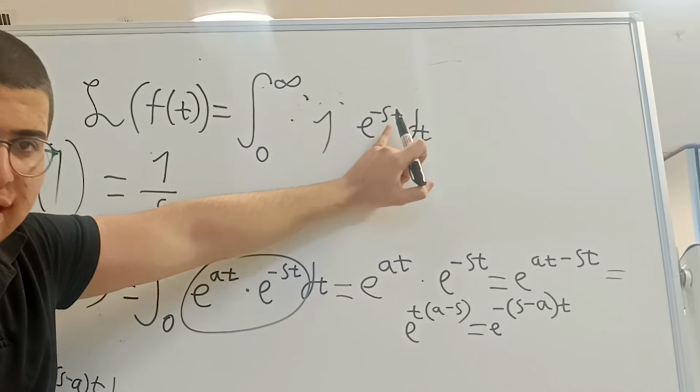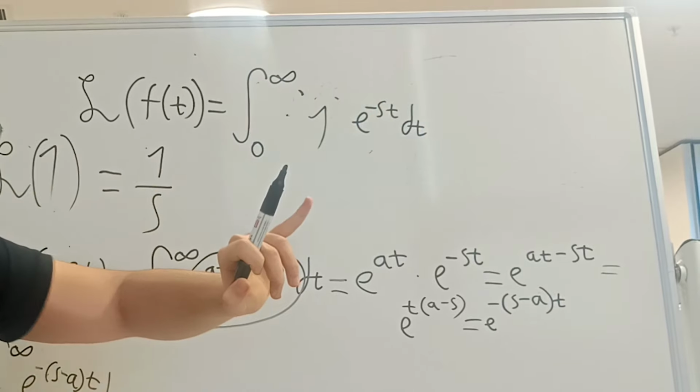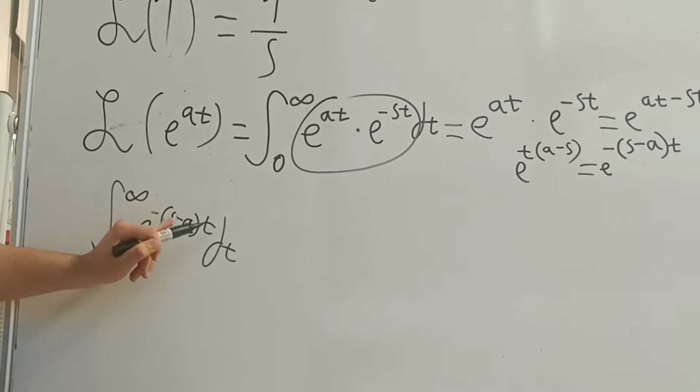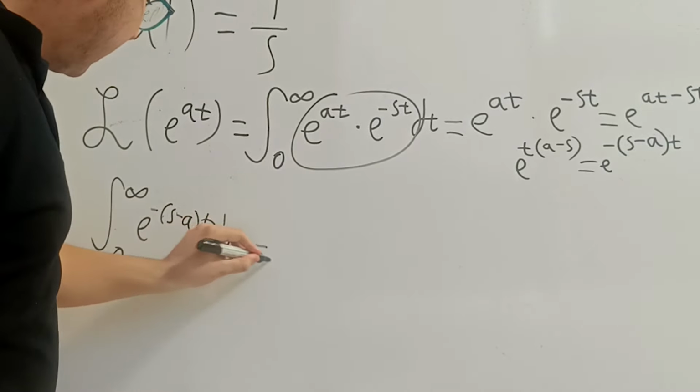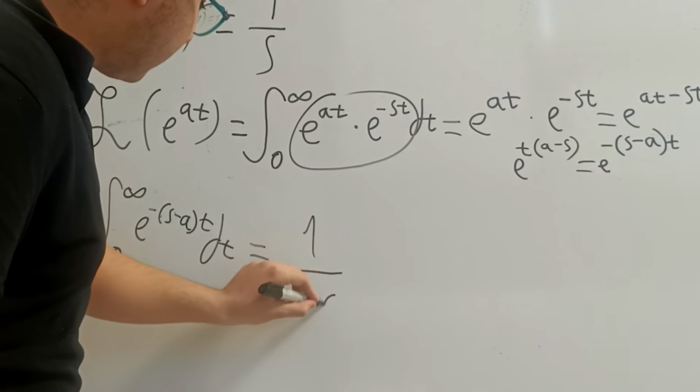And when this was s, the Laplace transform was 1 over s. Now we have minus s minus a times t instead of minus st. When it was minus st, it was 1 over s. So in this case, we can say that this is equal to 1 over s minus a.